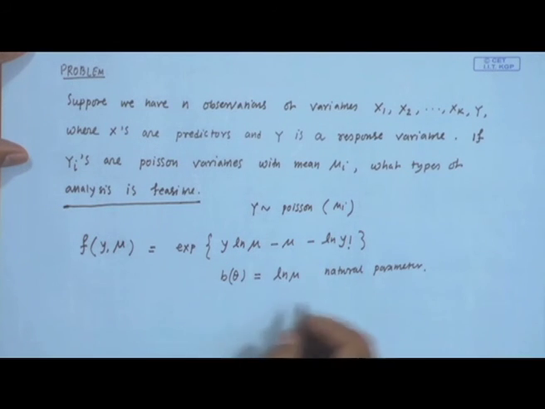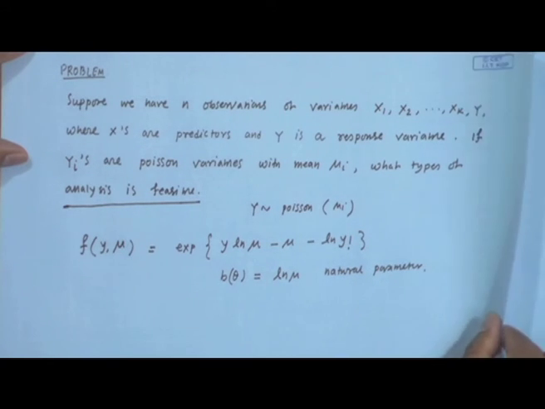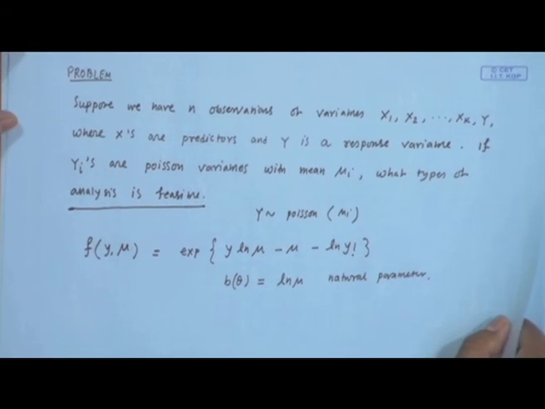Okay, what we have learned in this topic called generalized linear model is how to fit a model when the response variable is not normal.